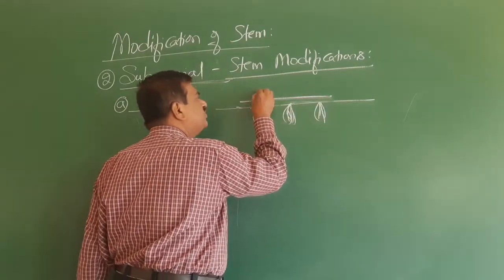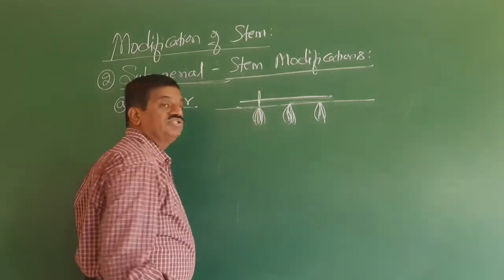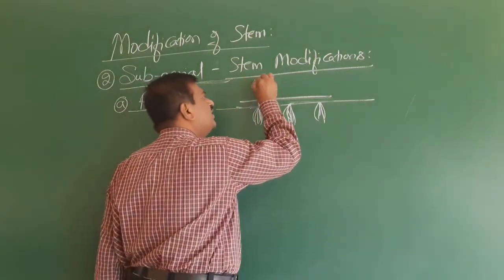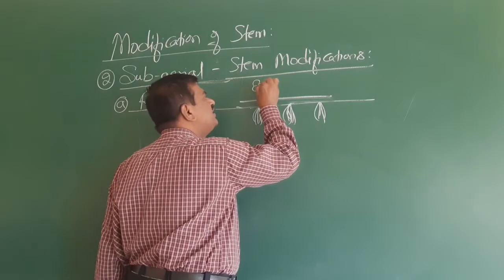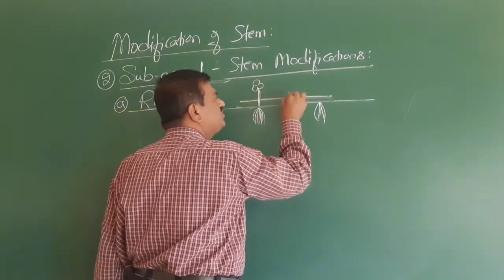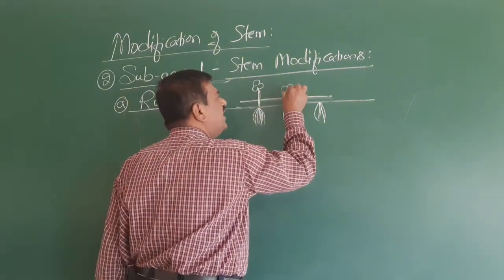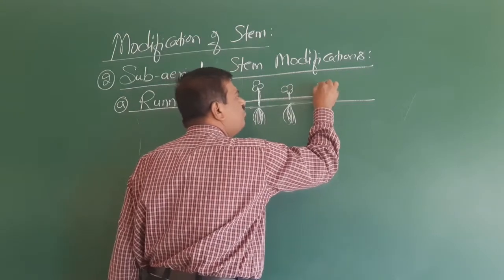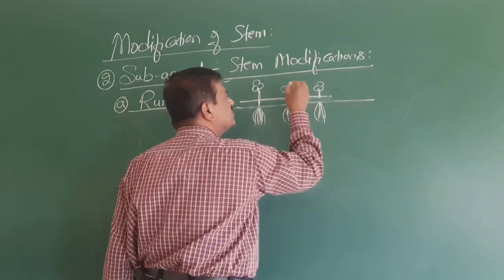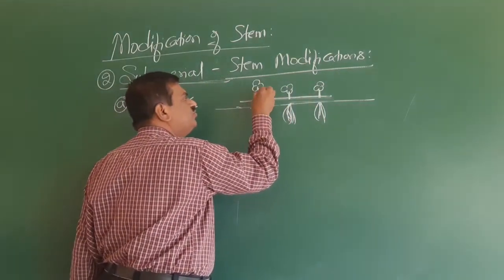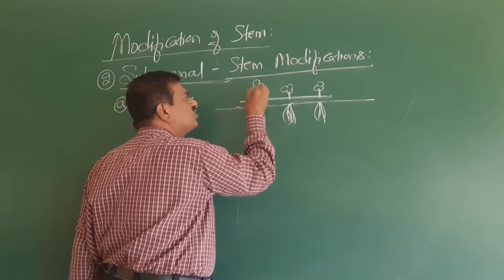From here there are leaves, normally trifoliate leaves, three leaves together. Here we can even see small yellow colored flowers.